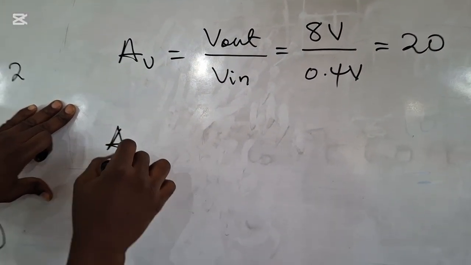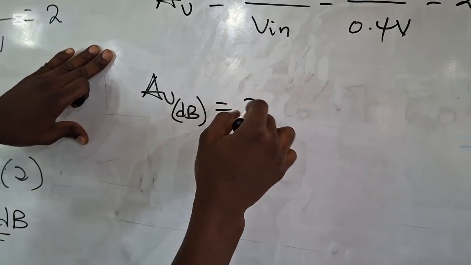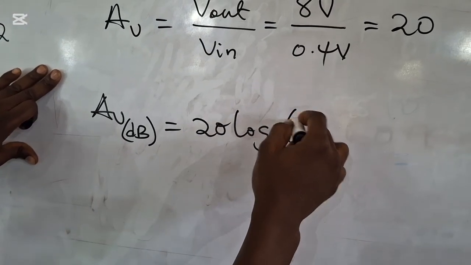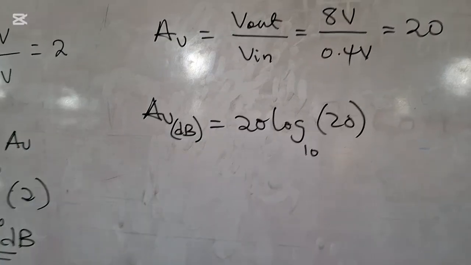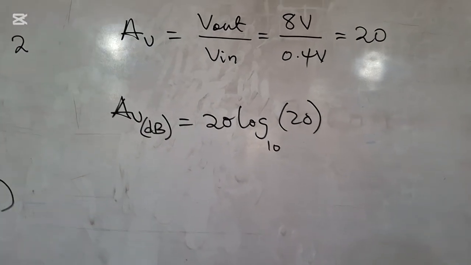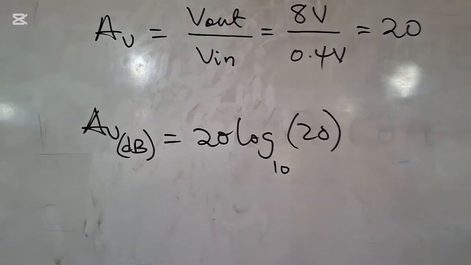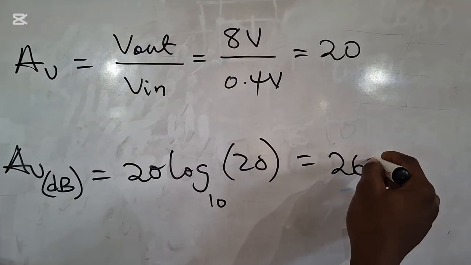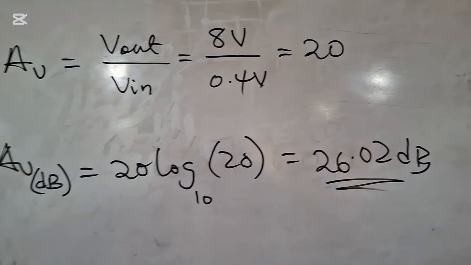If we express this in decibels, then we are going to have 20 log to the base 10 of 20. That gives us 26.02 decibels.